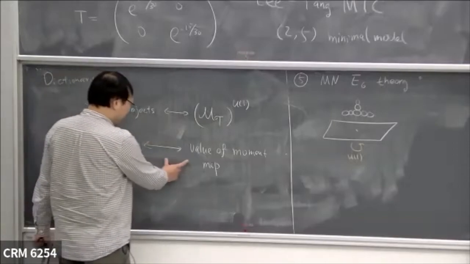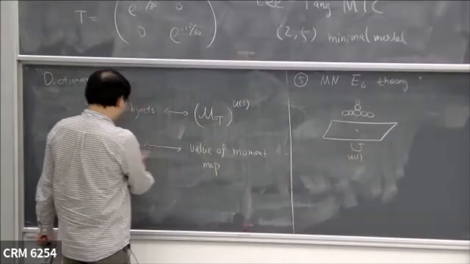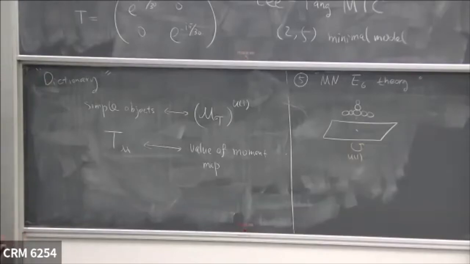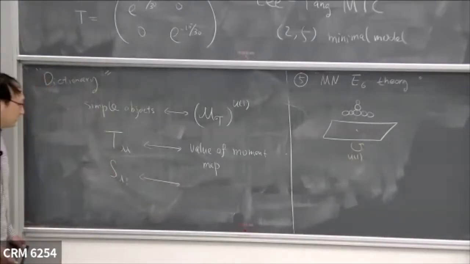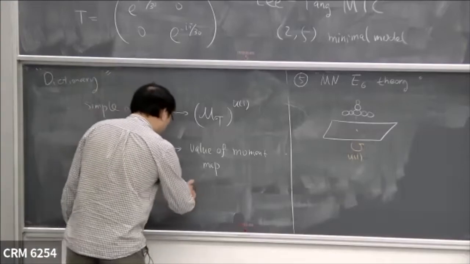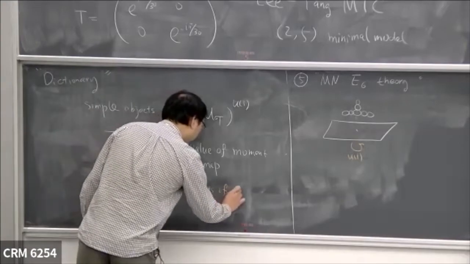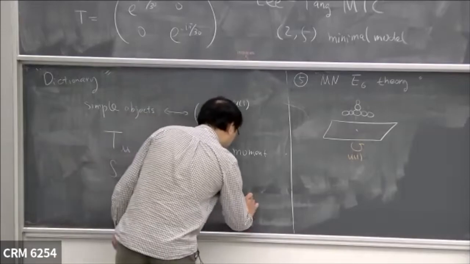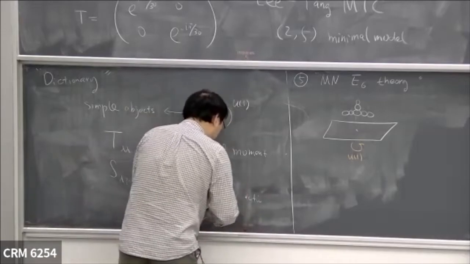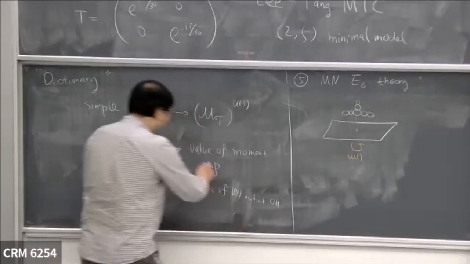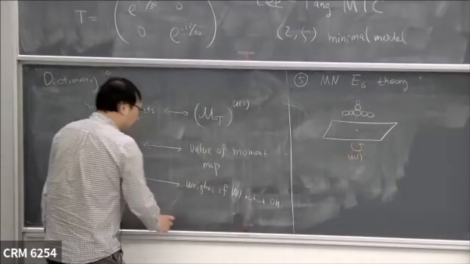And there's a dictionary going from the value of the moment map to the T matrix. And the S matrix is related to the weights of the S1 action, or just the U1 action on the normal bundle of lambda.